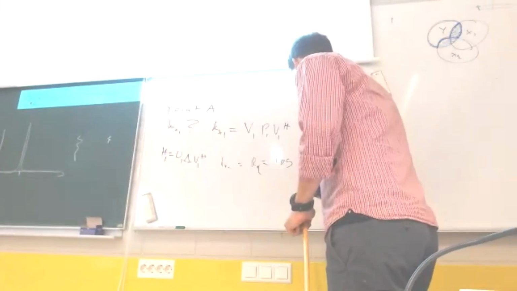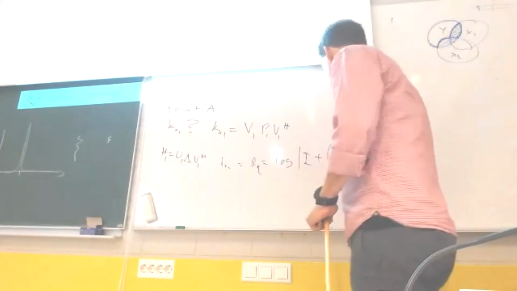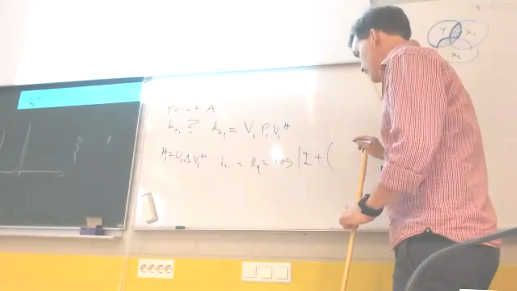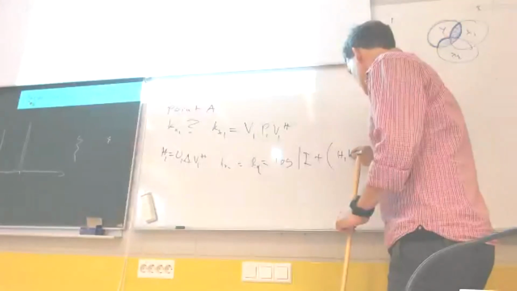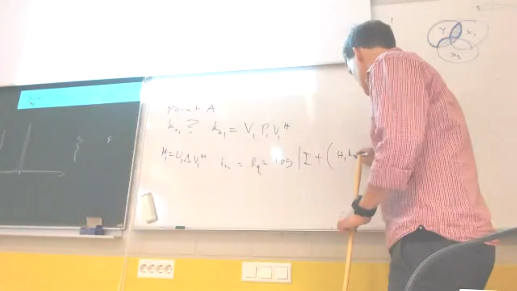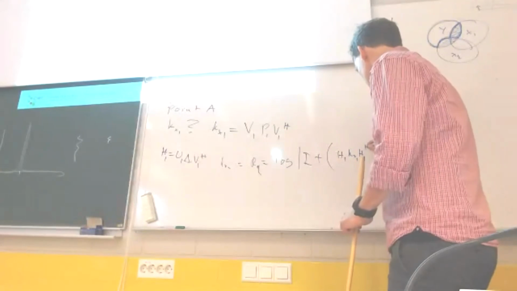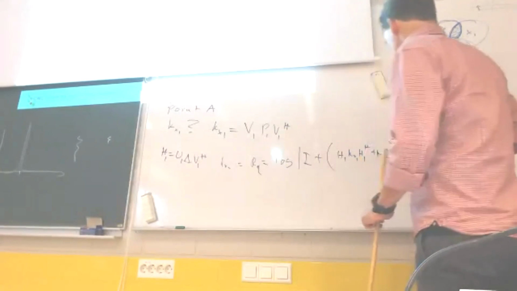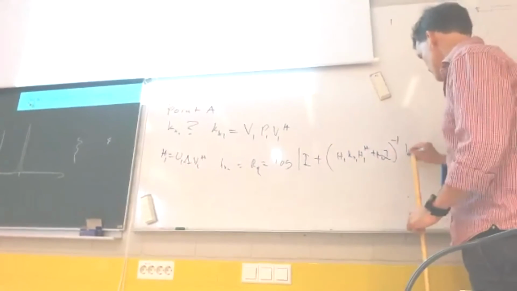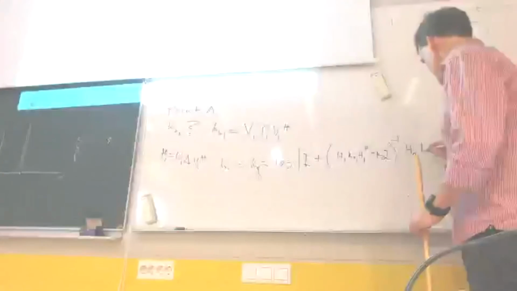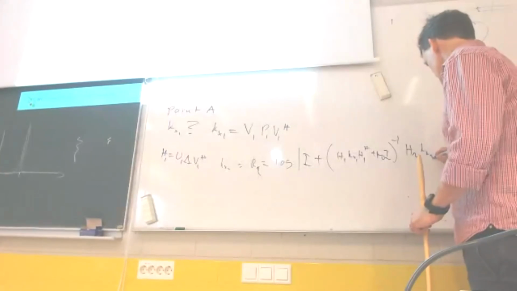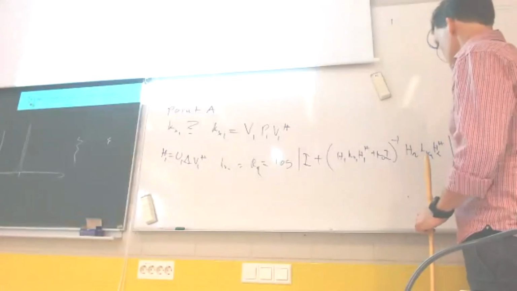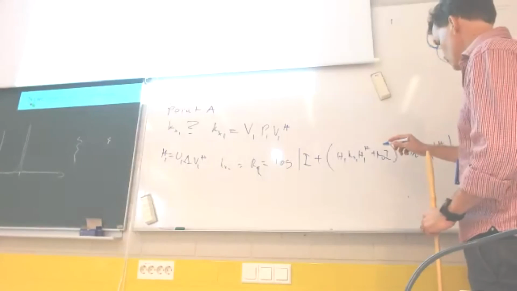It's log det of I plus interference H1 KX1 H1 Hermitian plus N0 I, inverse, H2 KX2 H2 Hermitian. And this is the rate expression of user 2.